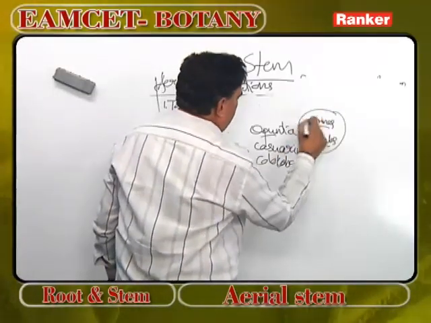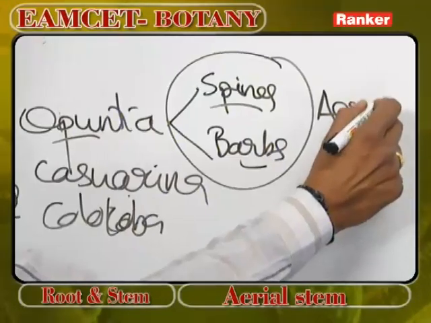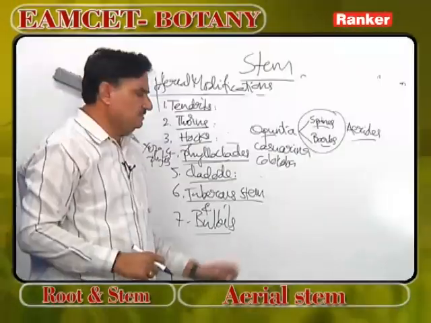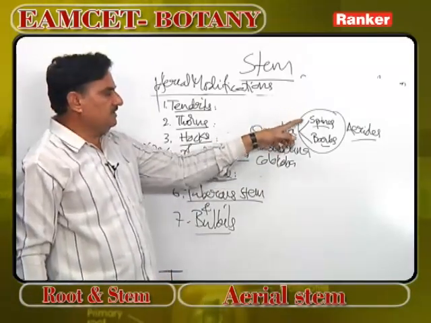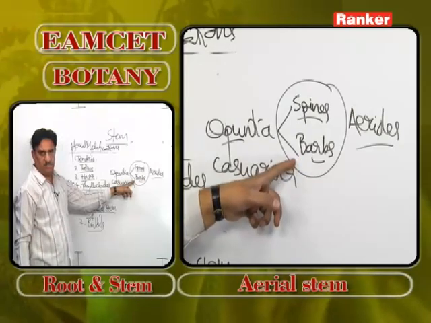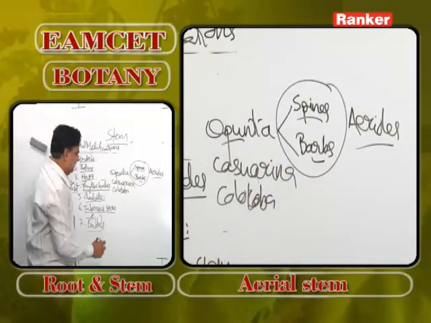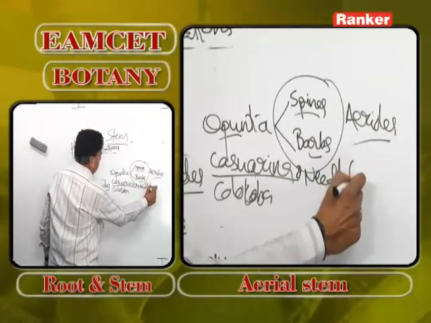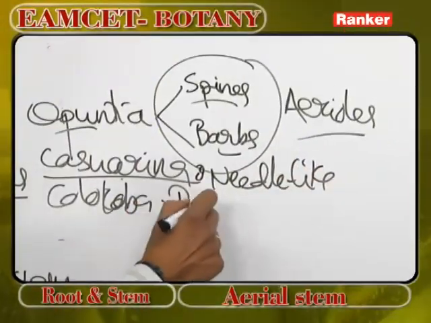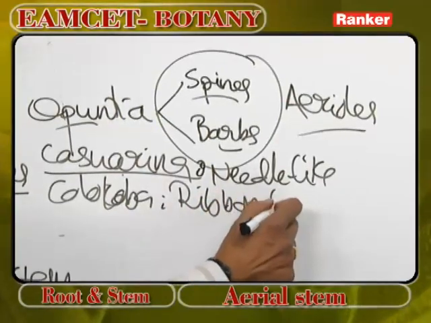Both combined are called areoles. So areoles are found in Opuntia. A needle-like phylloclade is found in Casuarina. A ribbon-like phylloclade is found in Coccoloba.